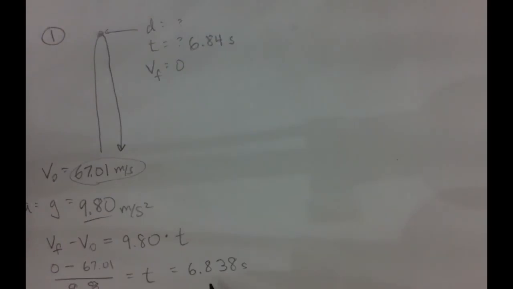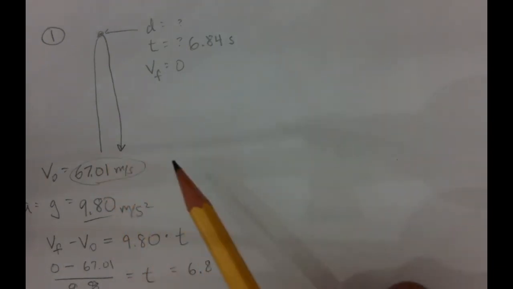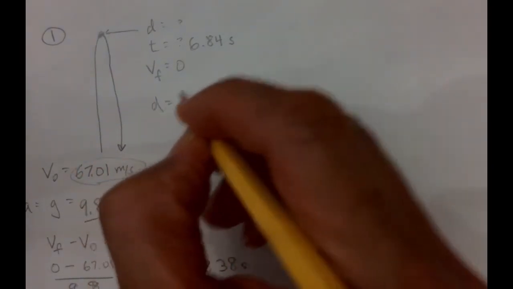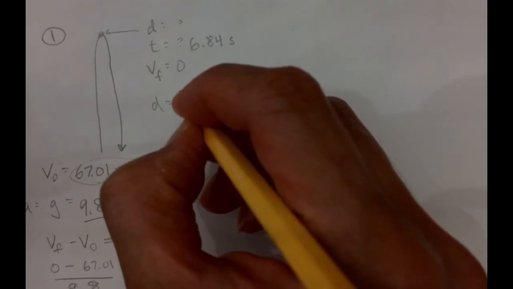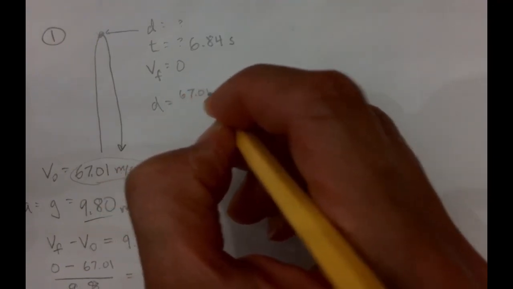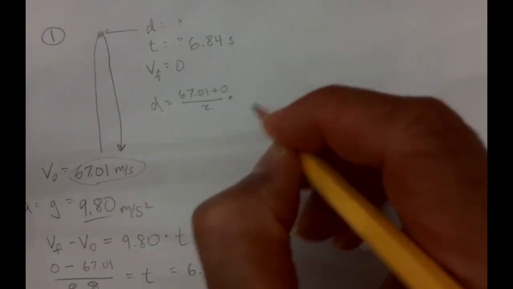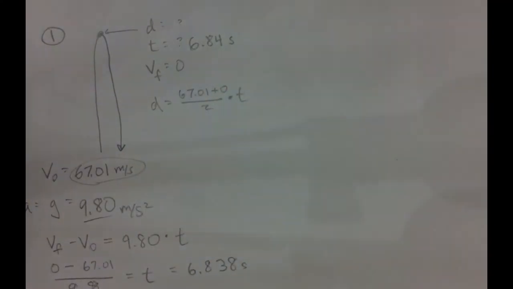Alright, but now let's find the distance. So for the distance, remember, constant acceleration, I know an initial velocity, I know a final velocity, which is 0. In that case, the distance is simply the average velocity. So 67.01 plus 0, divided by 2, times the time that I now know.